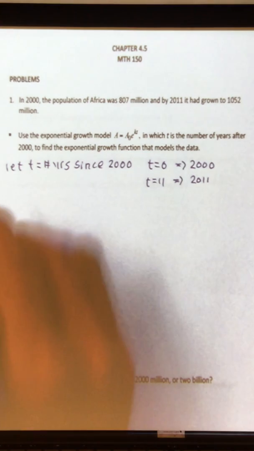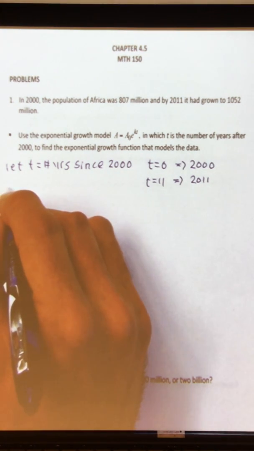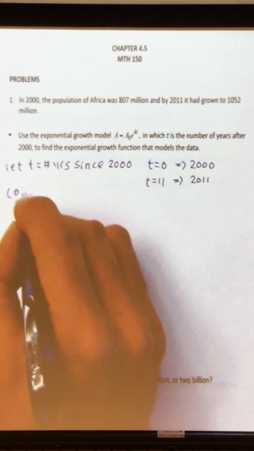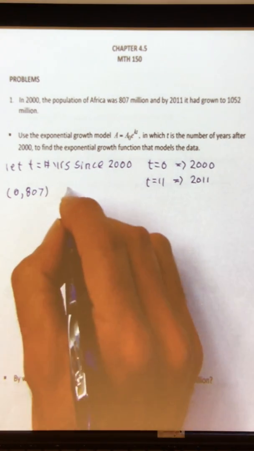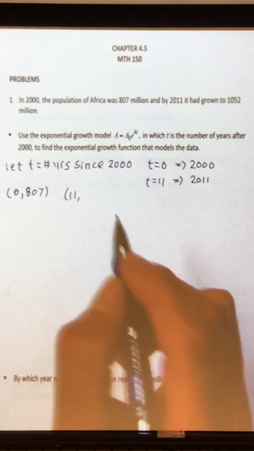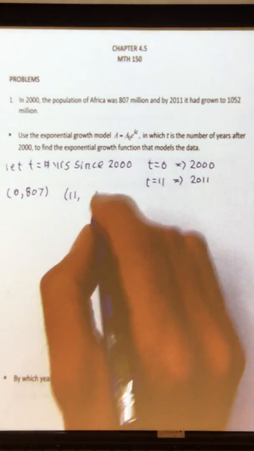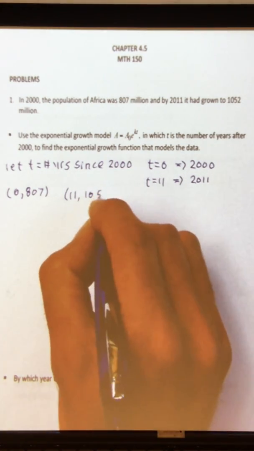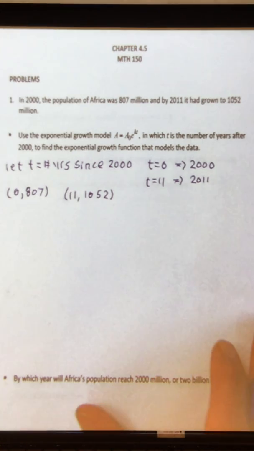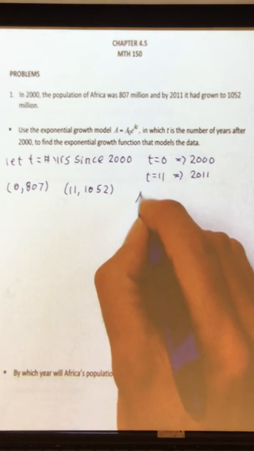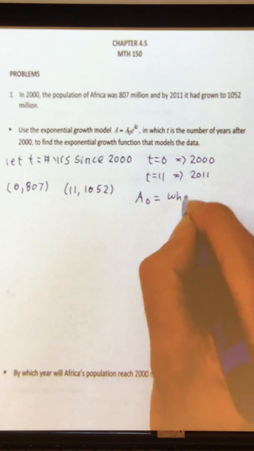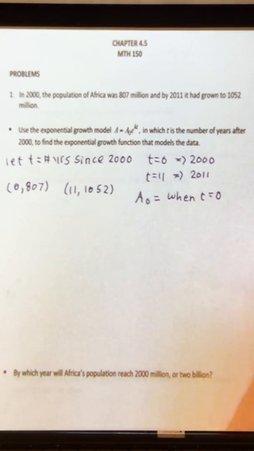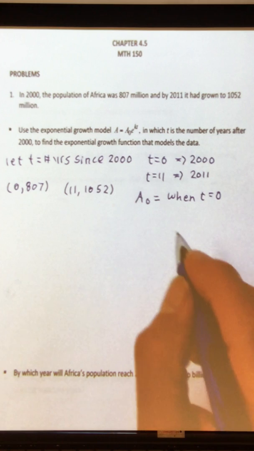So that translates to given two ordered pairs. T is 0, the population is 807 million, and when t is 11, the year 2011, the population is 1,052 million. A0 corresponds to when time is equal to 0, and that is the population at that time.